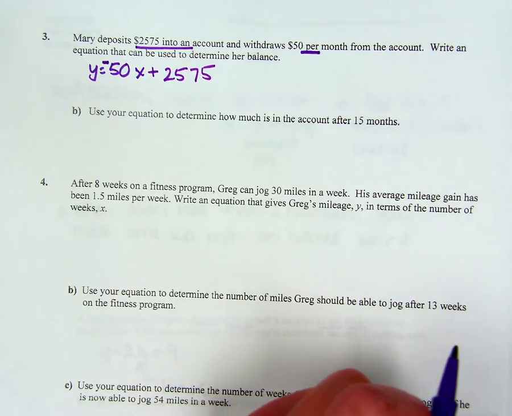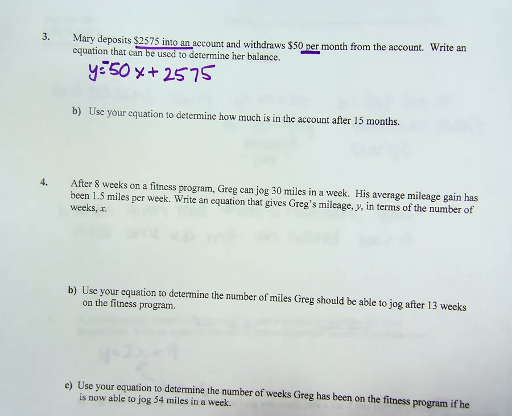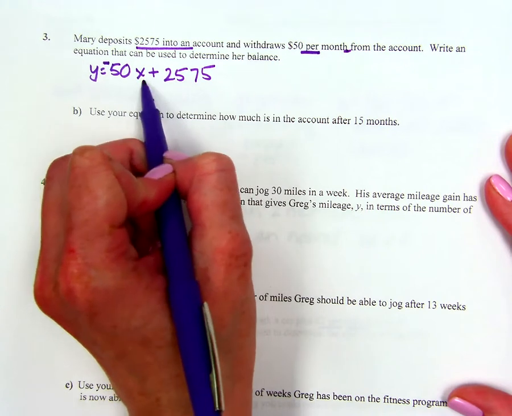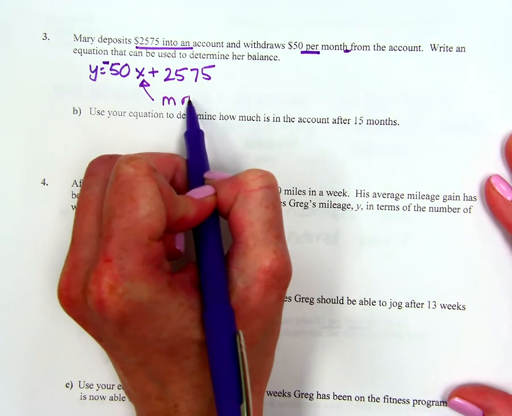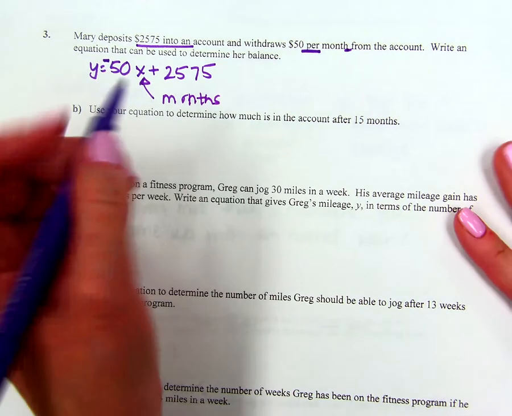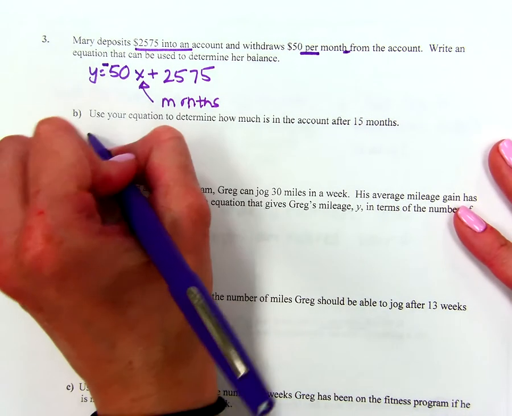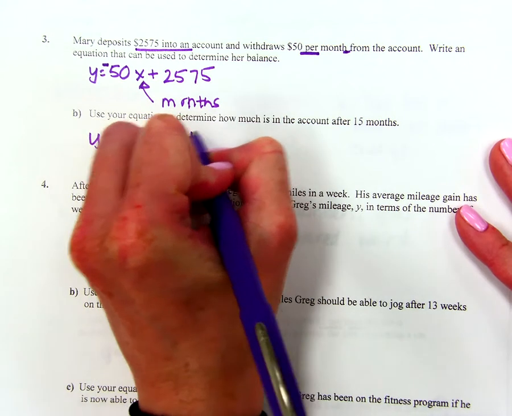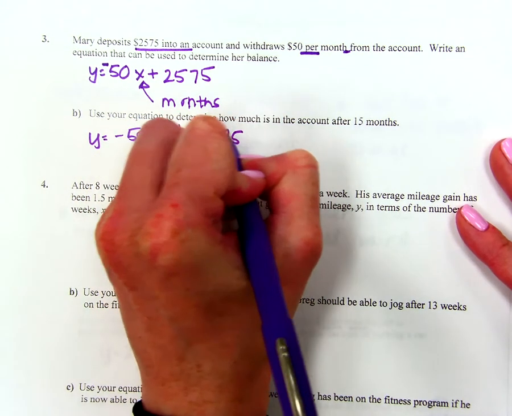Now we're going to use the equation to determine how much money she has after 15 months. That keyword months is going to be represented by that x. We take that value and plug that in. So we have y equals negative 50 times 15 plus 2,575.